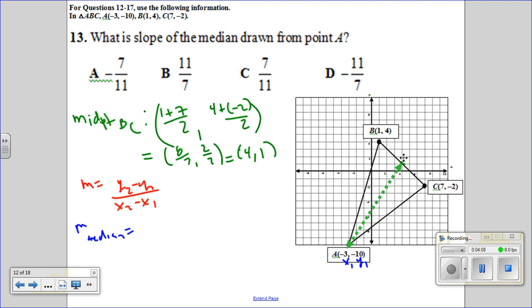So this point would be X2, Y2. So Y2 is 1, Y1 is negative 10. X2 is 4, X1 is negative 3.